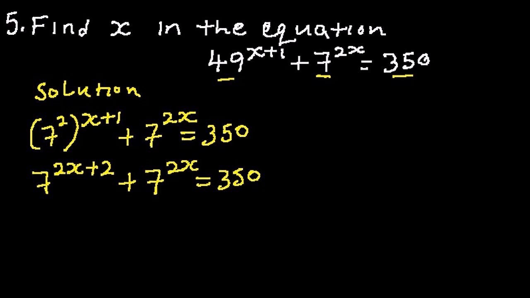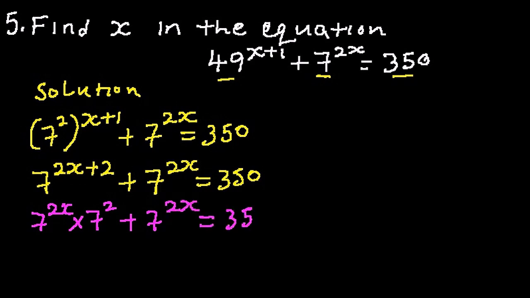So from there we can separate this. Since it is addition here, we cannot apply the rules of indices. So we separate here and write this as 7 to the power 2x multiplied by 7 squared plus 7 to power 2x is equal to 350. We realize that 7 to power 2x is common, so we factor it out.